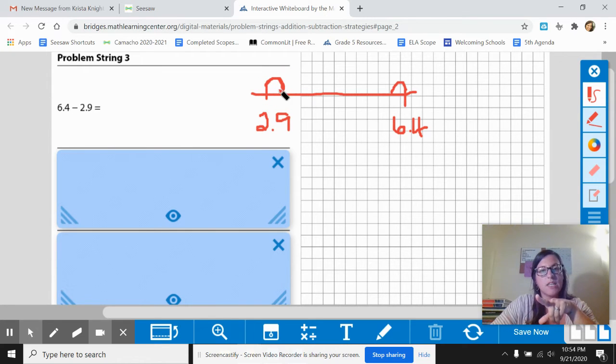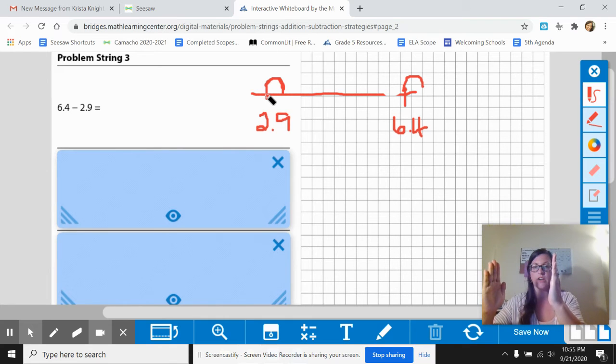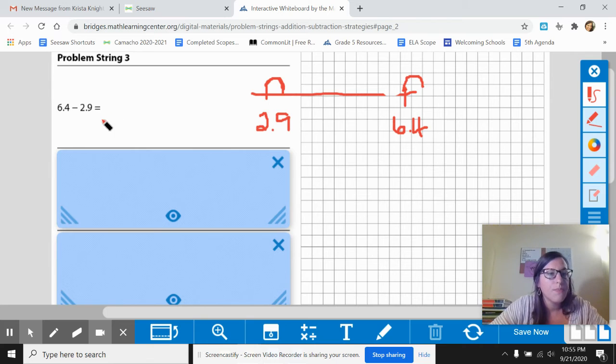But to keep this distance the same, what I'm also going to have to do over on this other side is add a 10th. Because now they both moved together and that distance didn't change. So I can totally do that. I'm going to do 6 5/10.